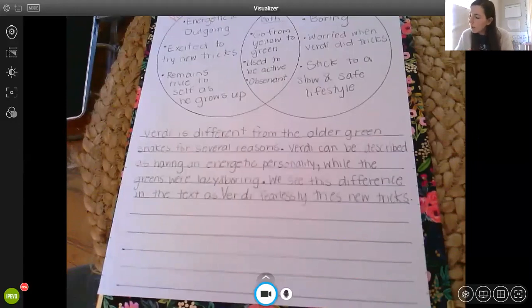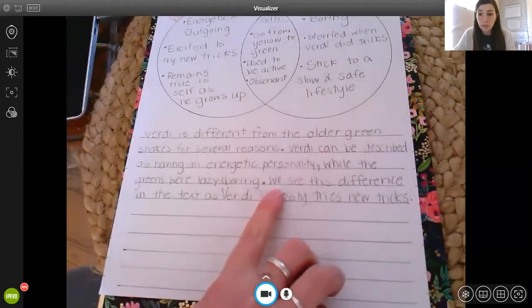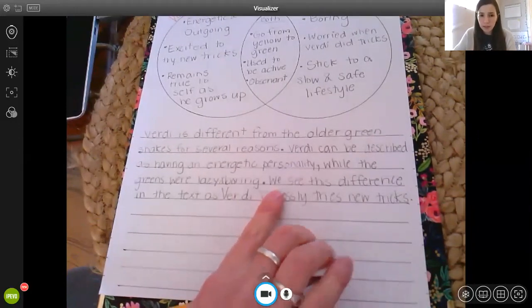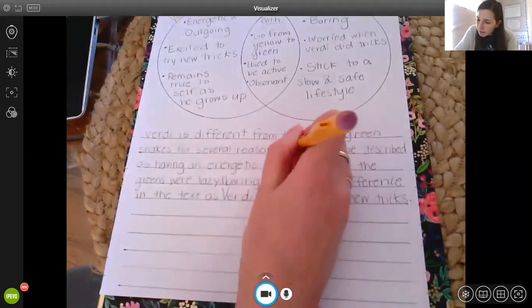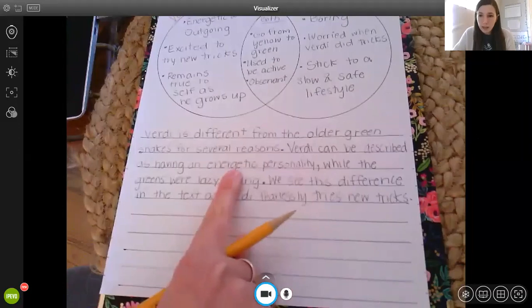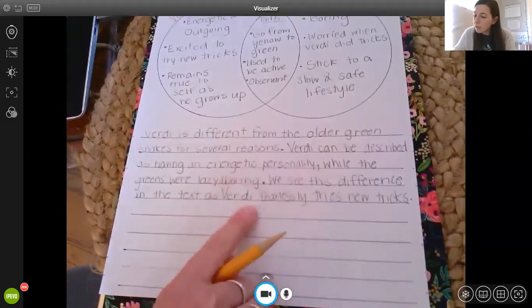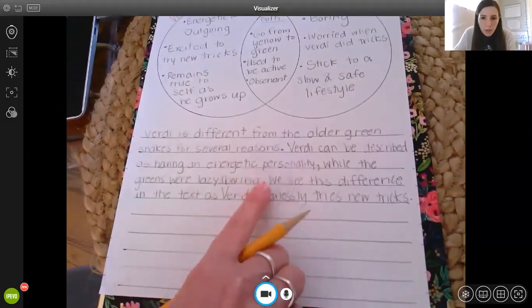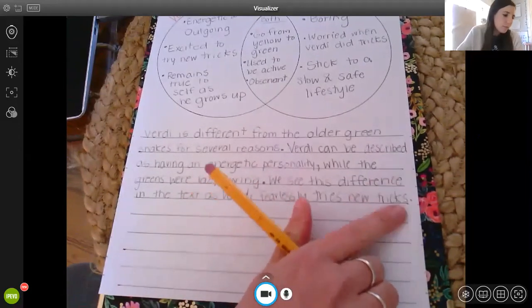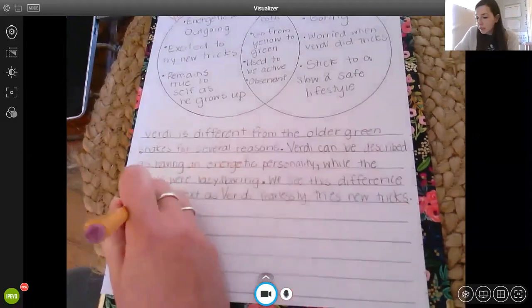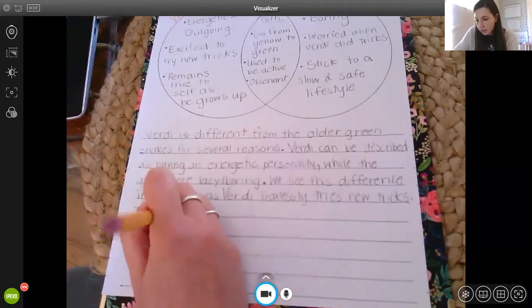All right, so here we just included a sentence with that evidence that we needed. We'd mentioned in the earlier sentence that Verdi could be described as energetic, and we are now supporting that with some evidence. One way that he was energetic was by trying all of those new tricks. Okay. The greens, on the other hand, did not enjoy tricks.